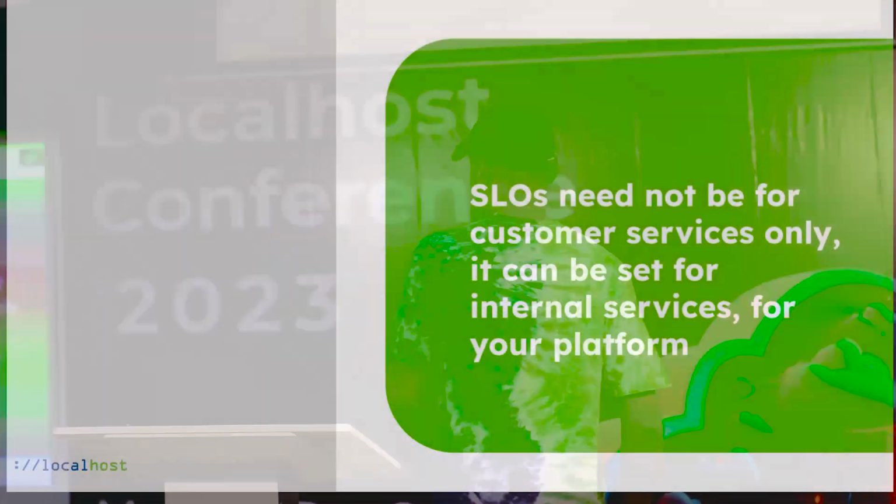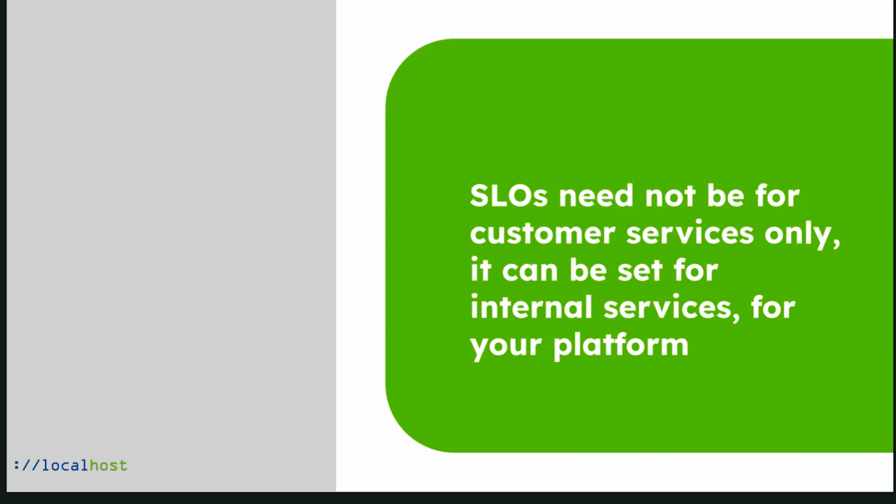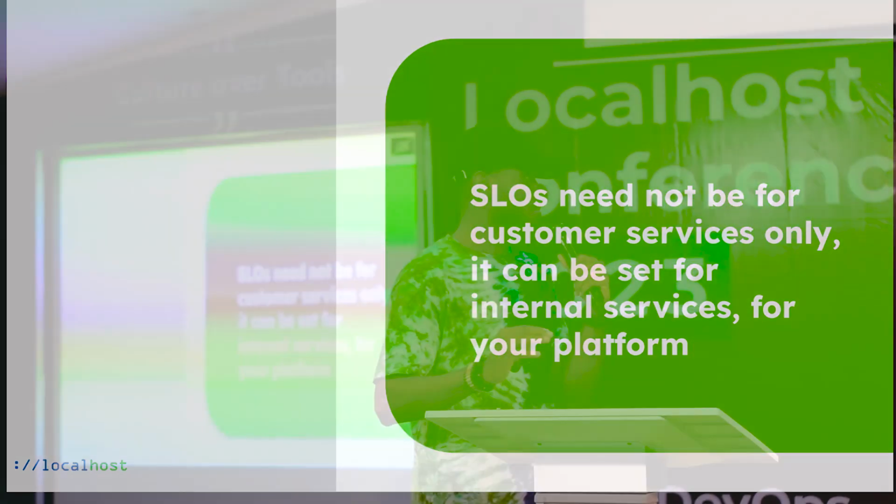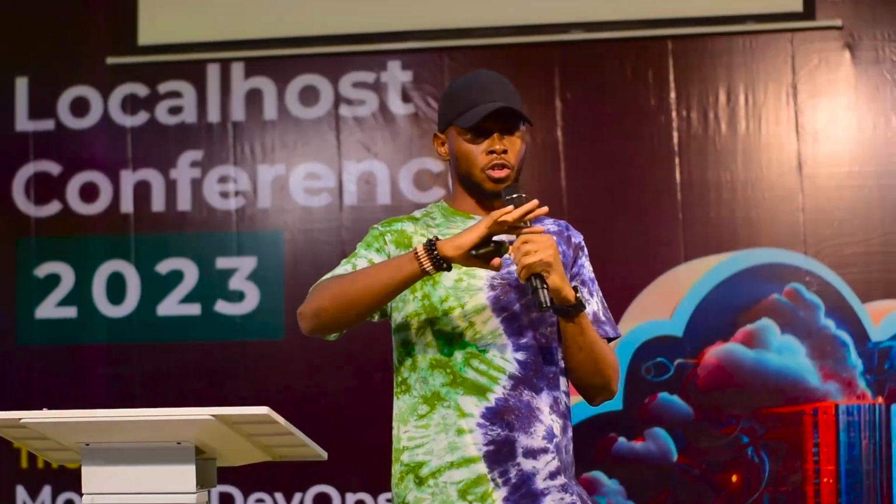So yeah, the earlier talk here talked about platform as a service, right? One thing about SLOs is they don't just need to be about customer-facing services. They can be for internal tooling. At Zapier, we have our own platform as a service. The developers interact with the platform, and then we use the platform to set up the service and other tooling around it.